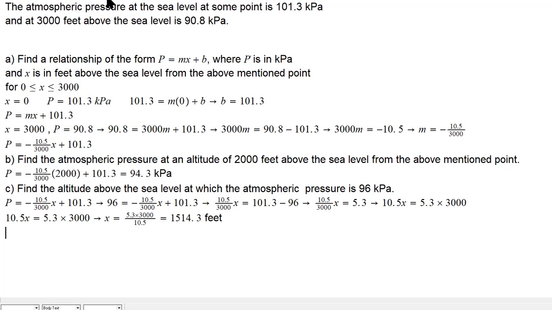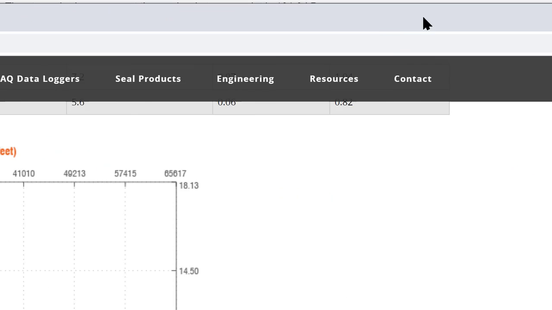Now, if we have to graph it, we can go to Desmos or some other graphing utility and just enter this expression, and that will graph the line for us. Okay. All right. Now, just one more little point, just for information, that I got this from this website.